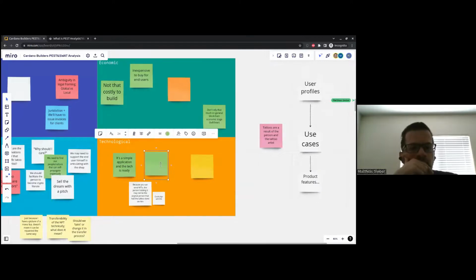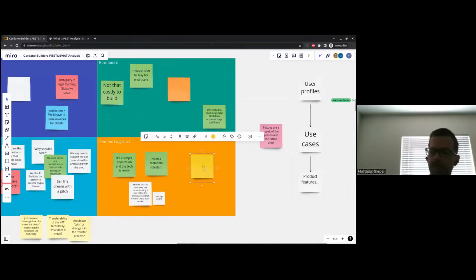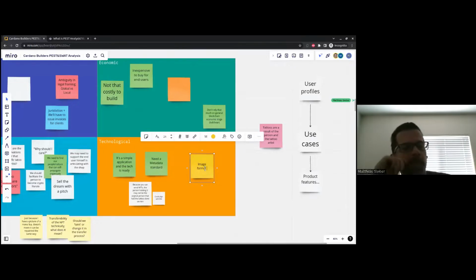Need a metadata standard. And image format and capture. Or guidelines is going to be the best word, because we're going to have a bit of everything.